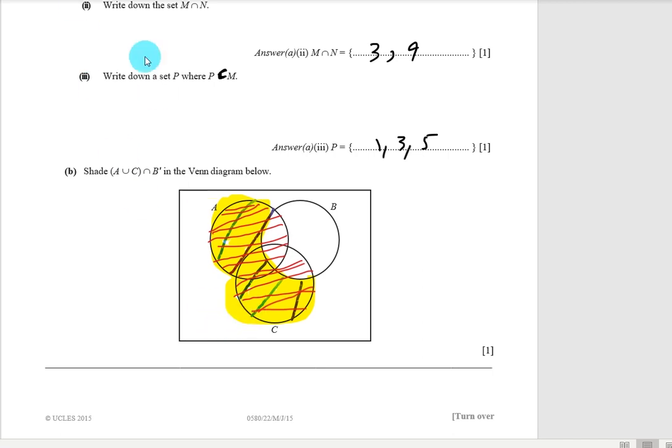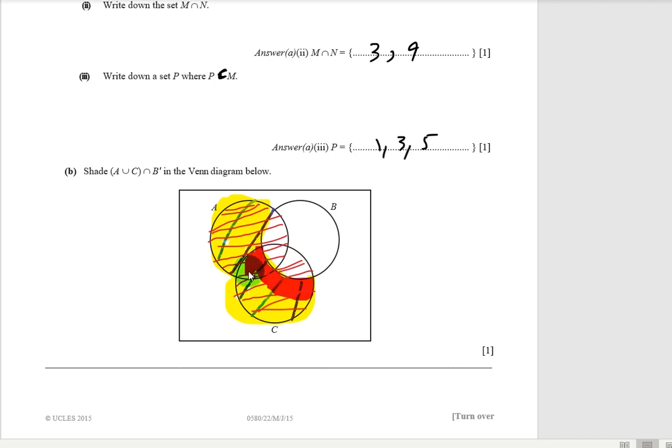The area that we need is the one with red and yellow together.